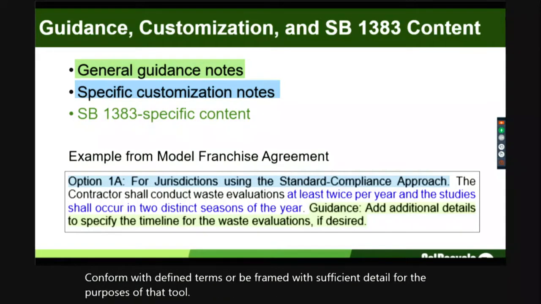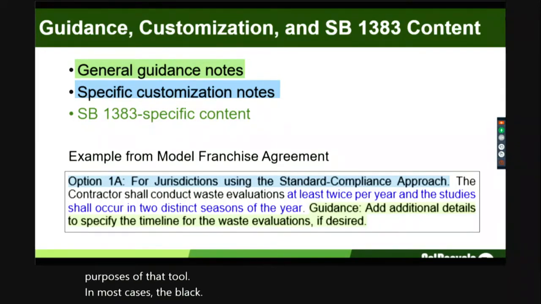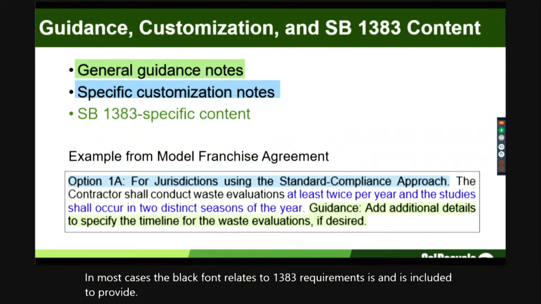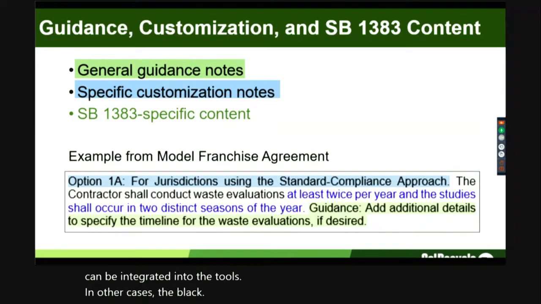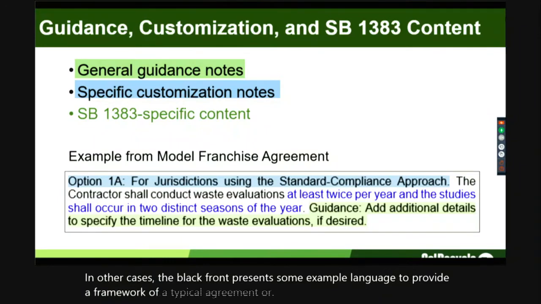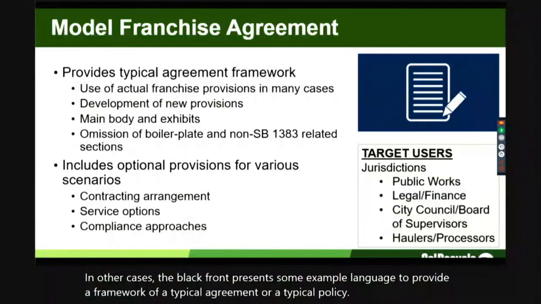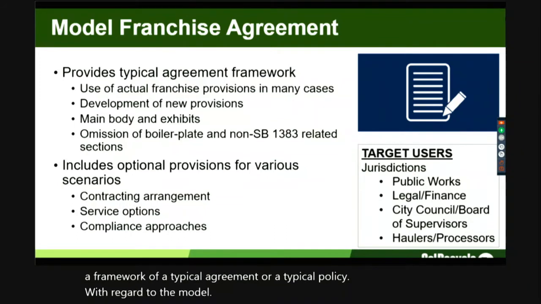In most cases, the black font relates to 1383 requirements and is included to provide some context or specification to how the 1383 related provision can be integrated into the tools. In other cases, the black font presents some example language to provide a framework of a typical agreement or a typical policy. With regard to the model franchise agreement, we provide a typical agreement framework.